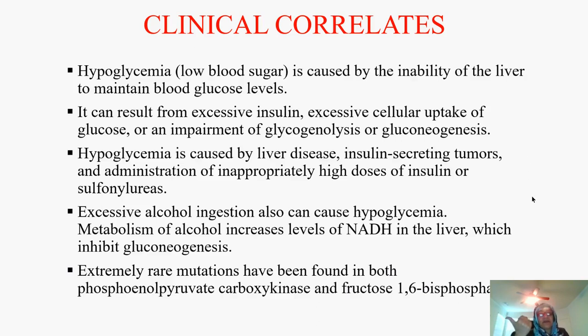So if the insulin level is not stable, or produced in high quantities, this will give a wrong indication to the cell that there are carbohydrates available, but there are not. So this will prevent glycogenolysis, degradation of glycogen, or gluconeogenesis.